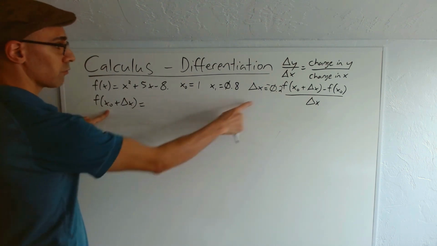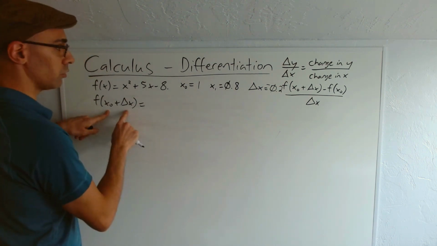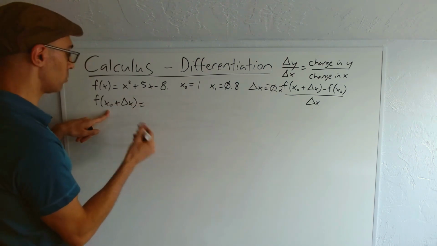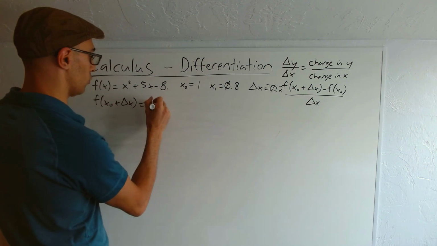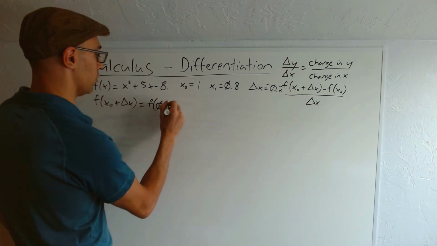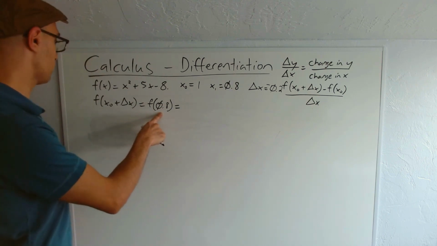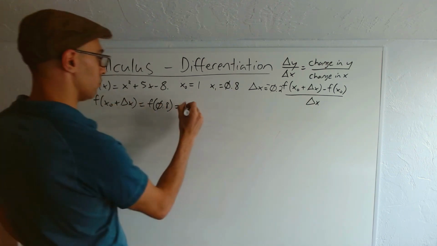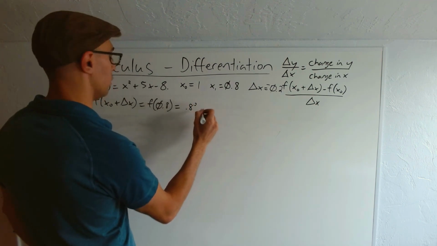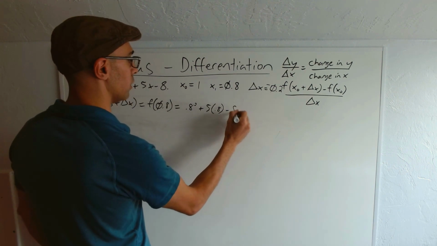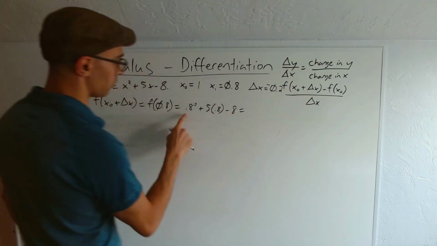X naught is 1, delta x is negative 0.2. So 1 plus a negative 0.2 is 0.8. So we want to know the function at the value of 0.8. And that's going to give us 0.8 squared plus 5 times 0.8 minus 8.